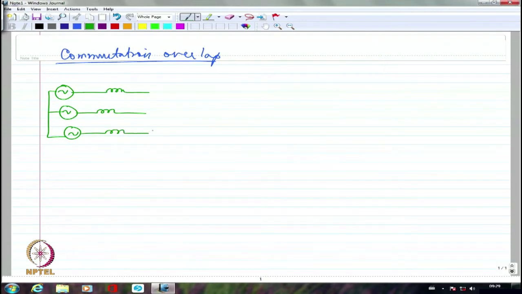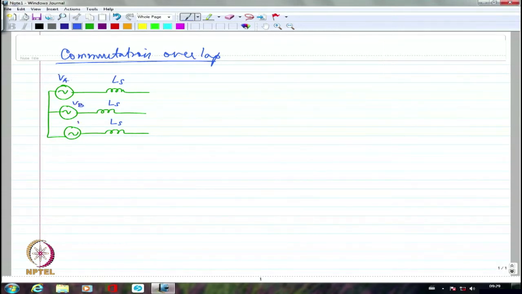So this is the source inductance value. I am assuming that all are balanced, so I am assuming them to be LS, and this is VAN, and this is VB, and this is VC with respect to the neutral. Of course, this is the neutral, supply side neutral, right?